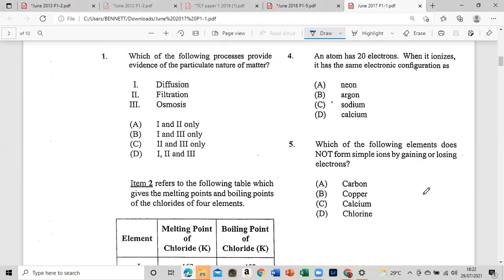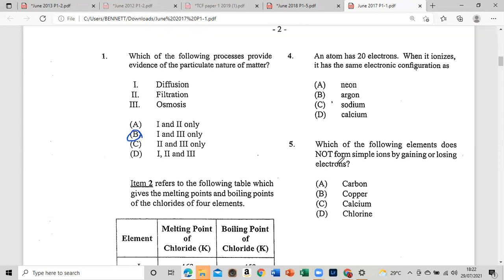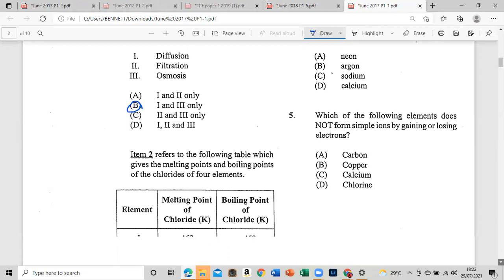It says: which of the following processes provide evidence of the particulate nature of matter: fusion, filtration, osmosis, or diffusion? Diffusion and osmosis. This is exactly how the 2018 paper started. So there are a lot of similarities in the papers.